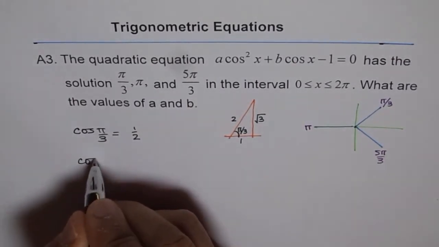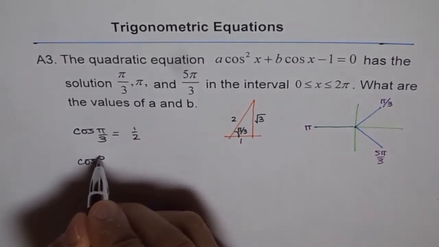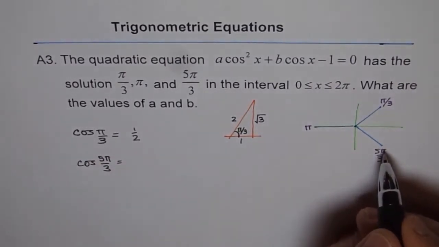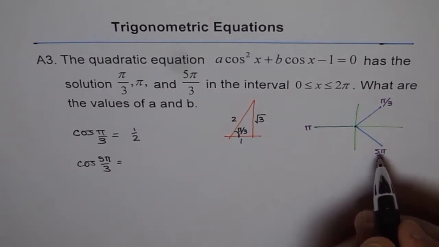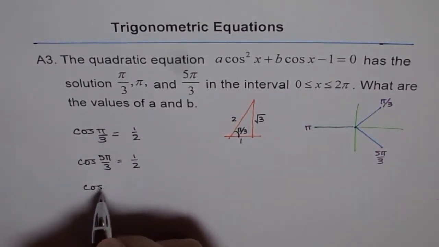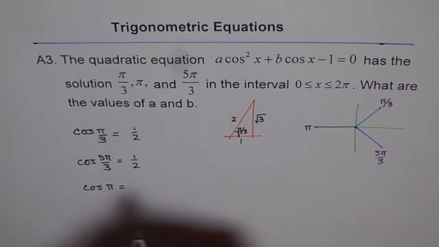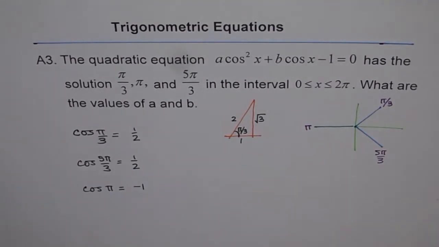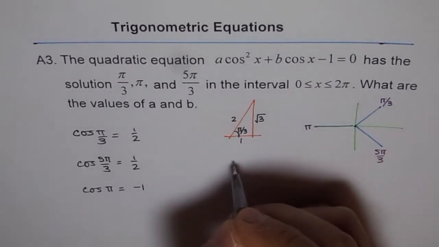Now what is cos of 5 pi by 3? It happens in quadrant 4 where cos is positive, so it is again 1 over 2. And how about cos of pi? Cos of pi is negative 1. You can also make a cosine wave and figure this out.